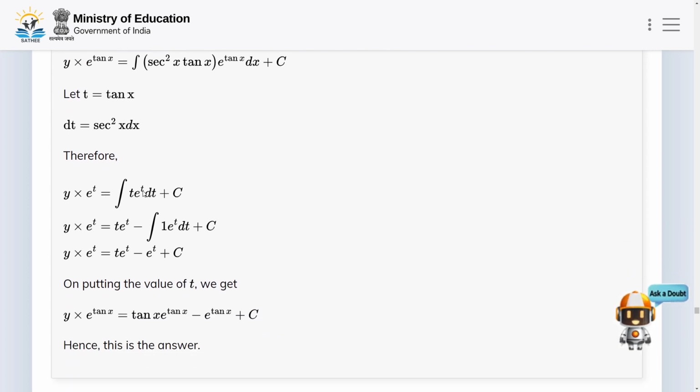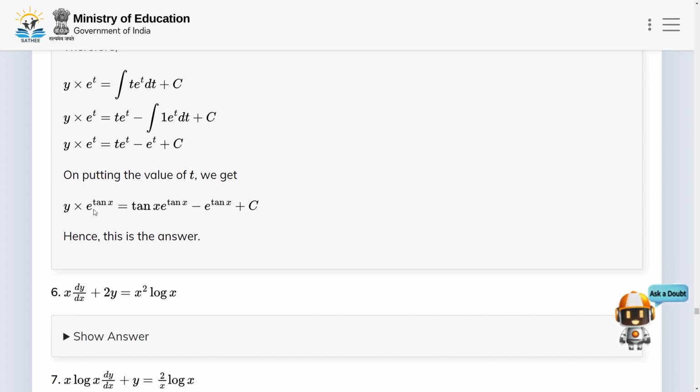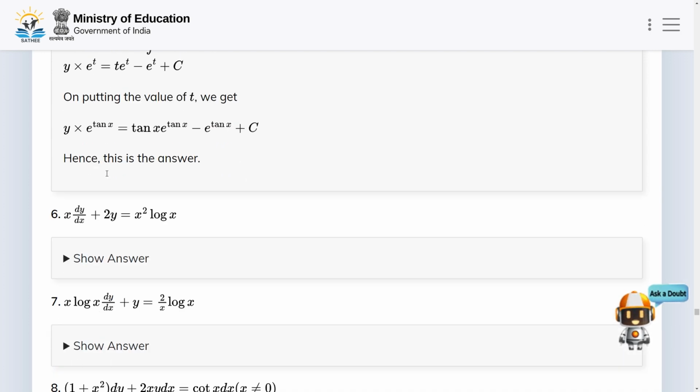You will have t e power t dt. Now use by parts. After by parts, you will have y e power t is equal to t e power t minus e power t plus c. Now substitute back your t value. You will have y e power tan x is equal to tan x e power tan x minus e power tan x plus some constant, which will be your general form. Now sixth problem.